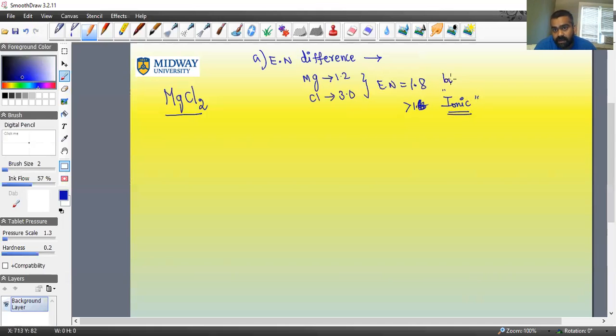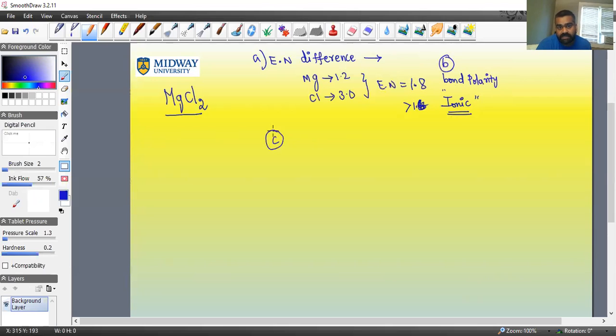This is bond polarity, not molecule polarity. Excuse me for a second, I lost my ink there. It's bond polarity. Okay, that's the first thing you do. First you calculate the electronegativity difference, that's step B, and this is bond polarity.